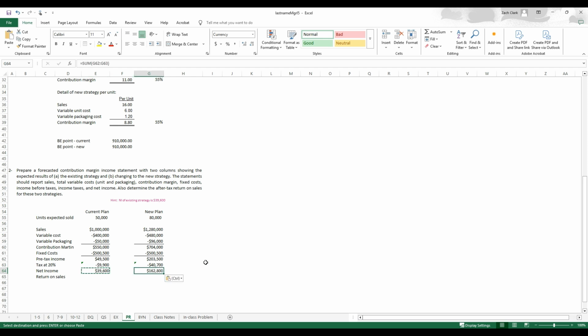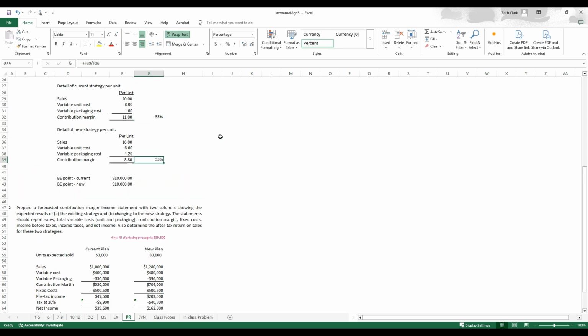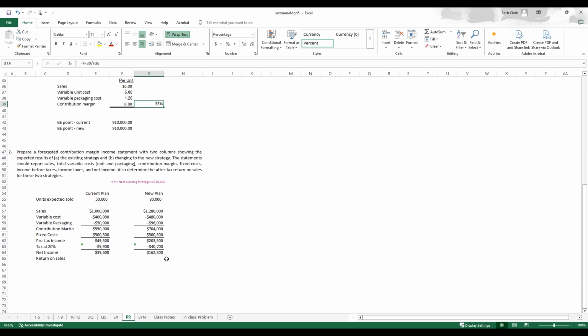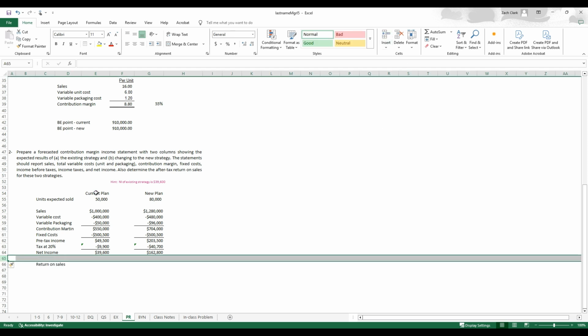All right, so our net income then is very different, right? So we've got 40,000 times 163,000. So obviously this new strategy, the way that it can increase sales by 60% and still maintain that contribution margin ratio basically of the same amount, really shows how much more we can earn with the new strategy.